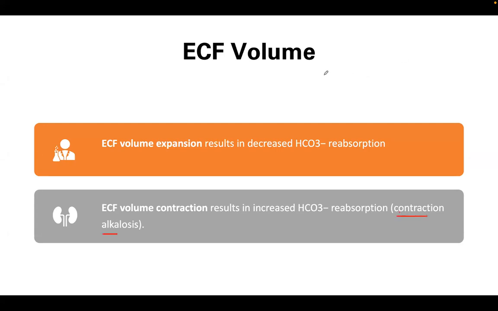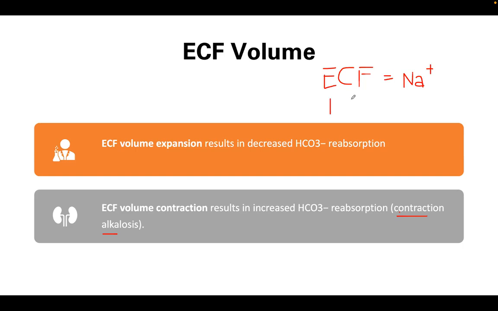Now, question: what is the most abundant cation in the ECF? It is, of course, sodium. Sodium is the most abundant cation in the ECF.